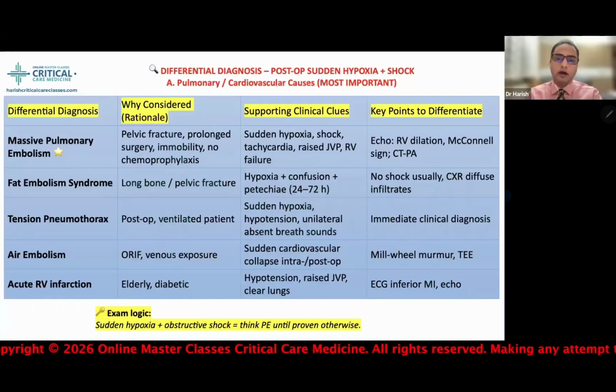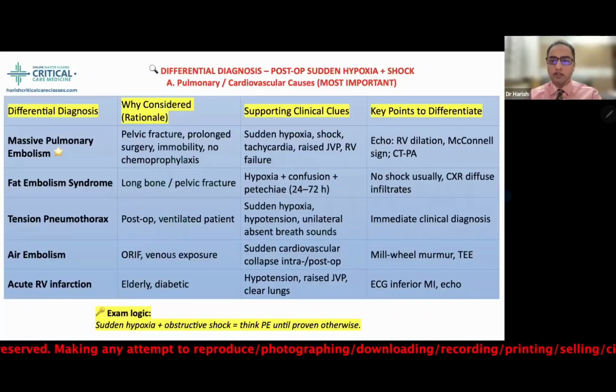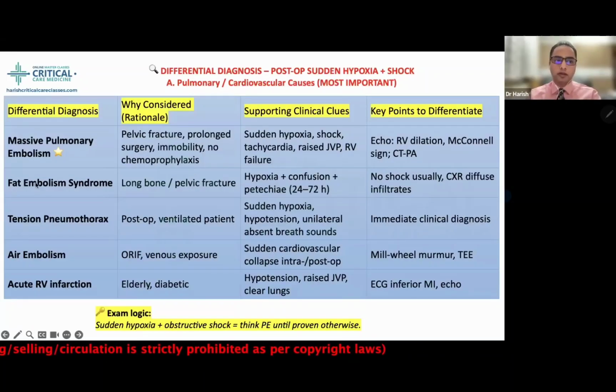RV failure is the reason, with a rise in CVP. Key points to work up further: echo, RV dilatation should be there, sometimes McConnell sign. CTPA is confirmatory, if there is a possibility to shift. Otherwise, echo with the clinical scenario, you can diagnose massive pulmonary embolism.